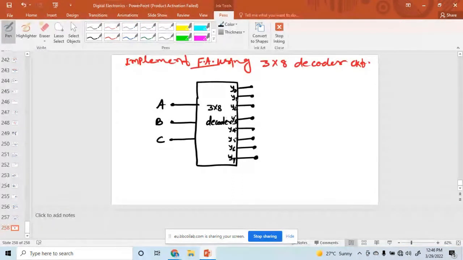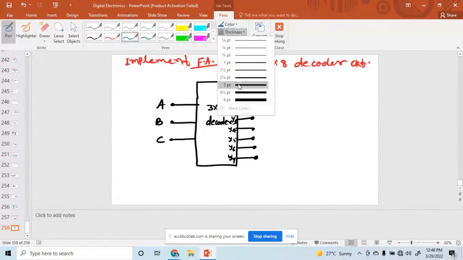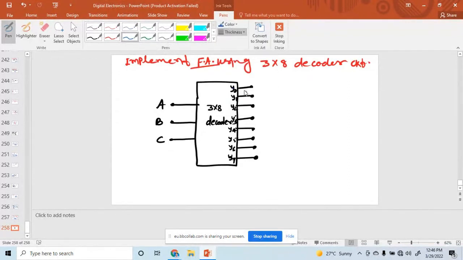Everyone knows the logical expression for Y0, Y1, Y2, Y3. You know the full adder expressions. In the full adder, the minterms for sum are 1, 2, 4, 7, so here you use one OR gate.